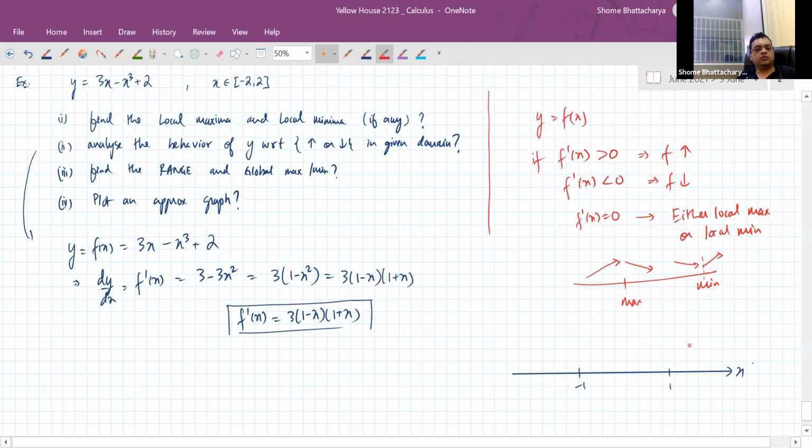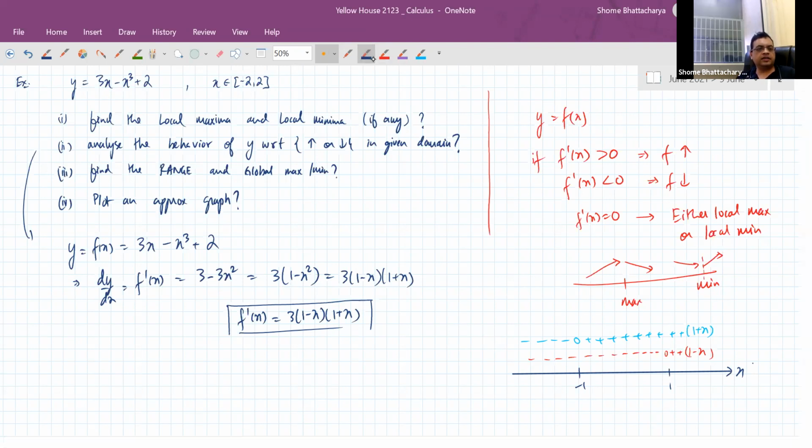So 1 minus x is negative up to 1, becomes positive after that, 0 at 1, and 1 plus x is negative for x less than -1, positive after this. Oh, sorry.